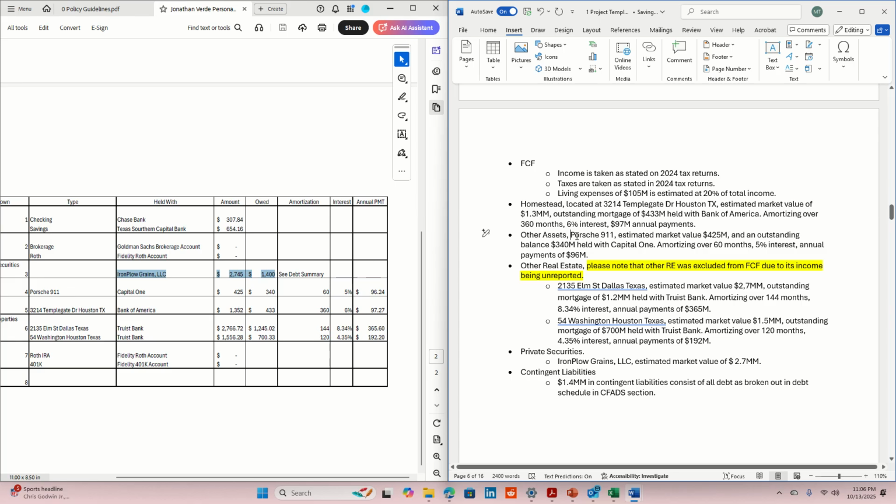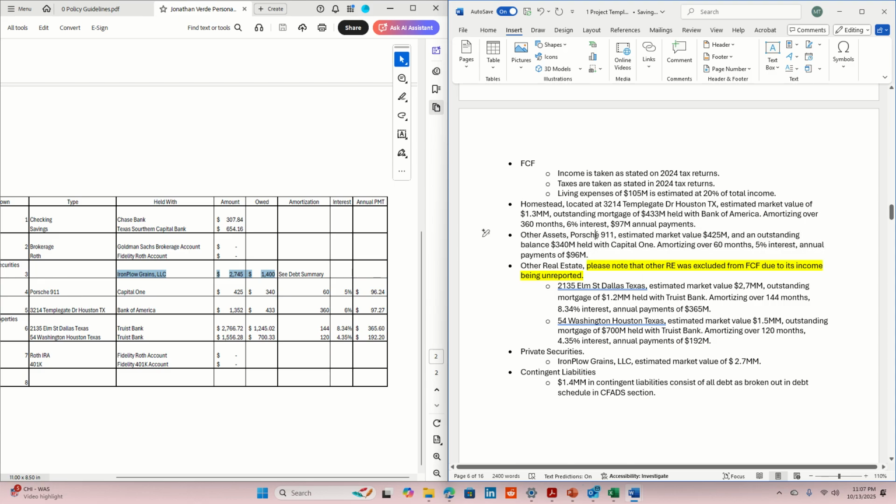Anyways, other assets, Porsche 911, estimated market value. Then I want to know how much of the balance is outstanding, who holds that balance, how long an amortization they have, how much interest, and then what the annual payments come out to, right? So there's going to be seven components to each statement being made.